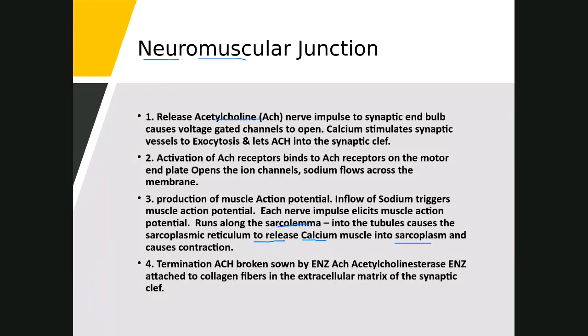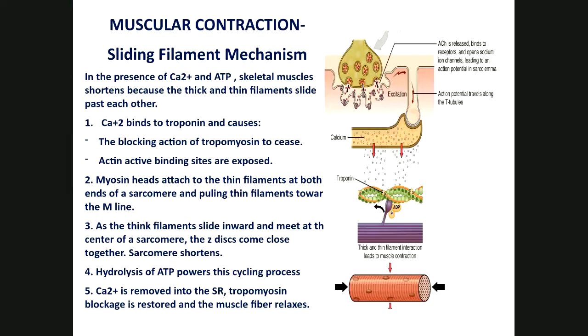And this calcium is released through the transverse tubules. So this process is broken down when we release an enzyme to stop it from occurring, and this will allow the muscles to relax.